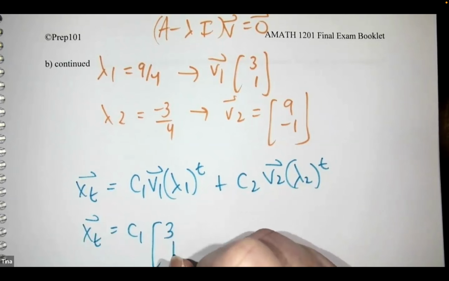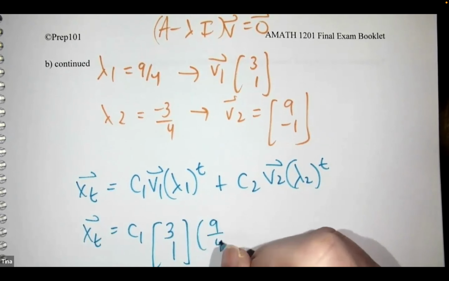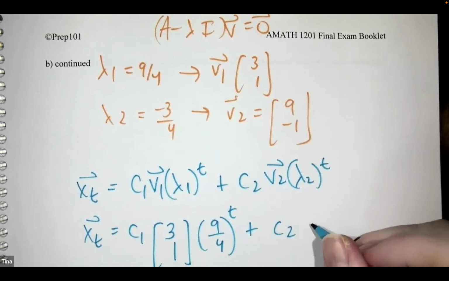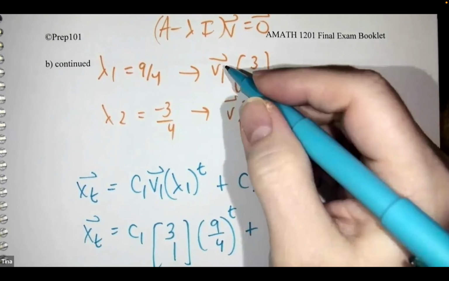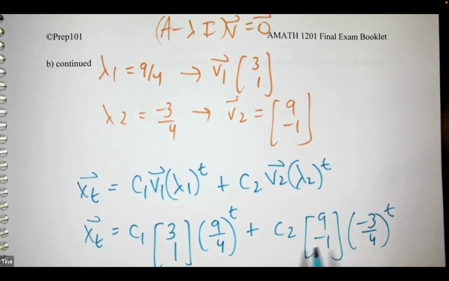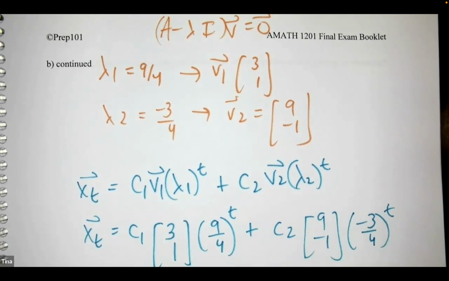So our first vector, 3, 1, eigenvalue 9/4 to the t plus C2, second vector times negative 3/4 to the t. And remember, the order of these terms doesn't matter. Okay. So, a lot of work. Questions?